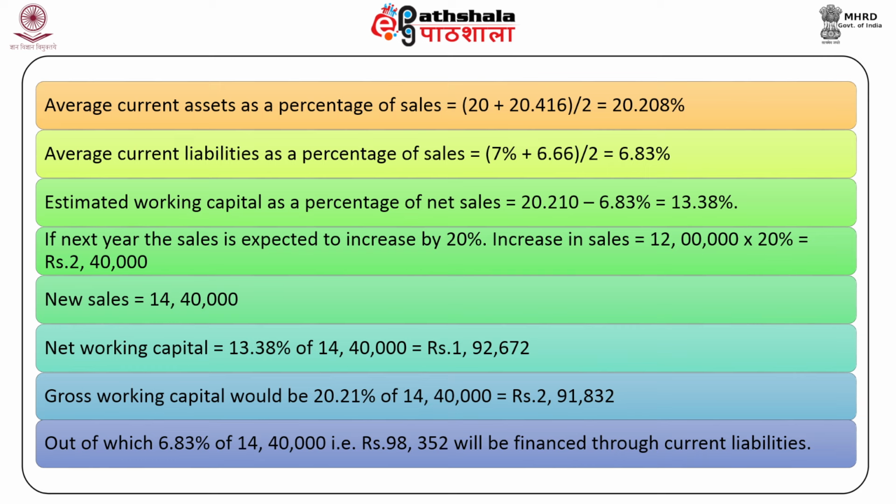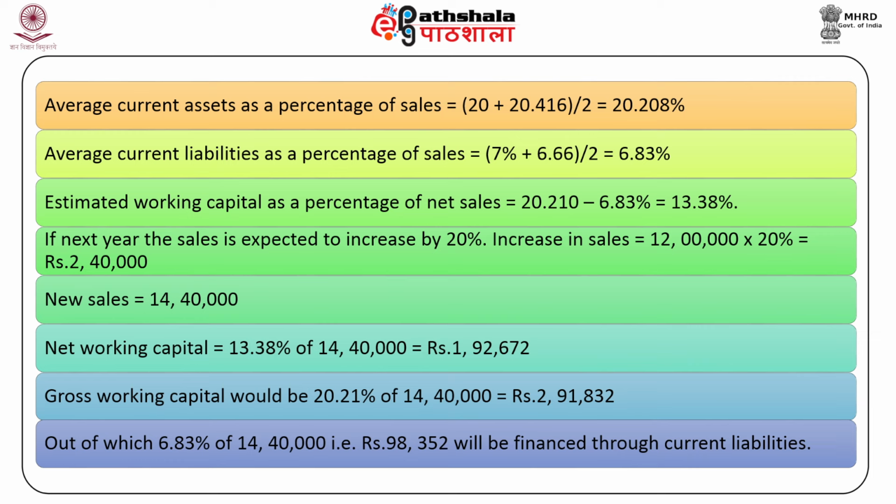Now let's estimate working capital. Average current assets as a percentage of sales is equal to the average of the first and second year, which is equal to 20 plus 20.416 divided by 2, which is equal to 20.208%.